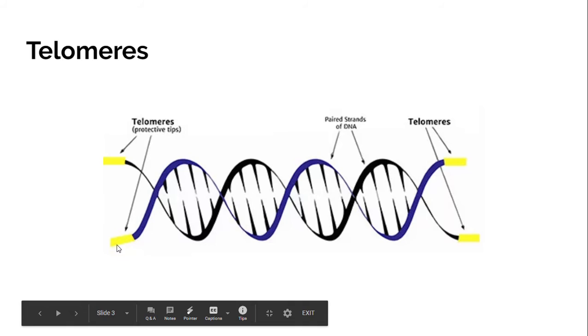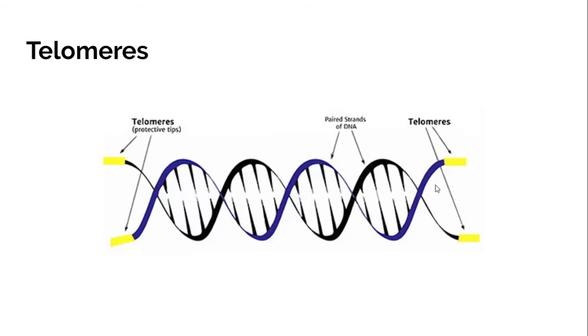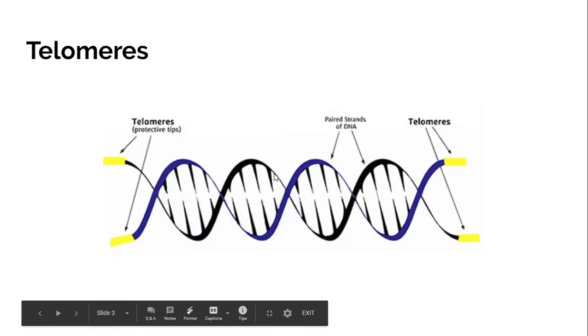It acts as a buffer zone, so it doesn't completely stop the shortening of the DNA, but it prolongs this shortening from happening at an increased pace until the DNA is no longer there.